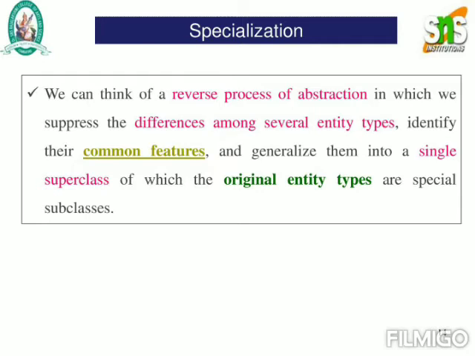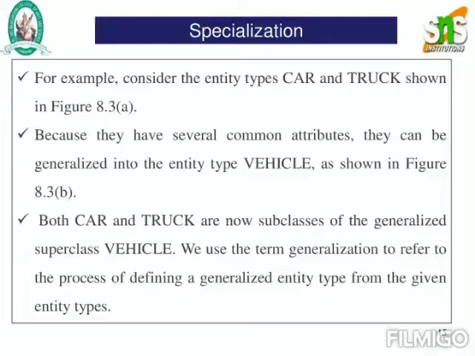The next one is, for example, let us consider the entity types called car and truck, which are shown in the figure below. Because they have many common attributes, they are generalized into an entity type called vehicle. So here the car and truck belong to a class called vehicle, and it has the characteristic features of a vehicle.